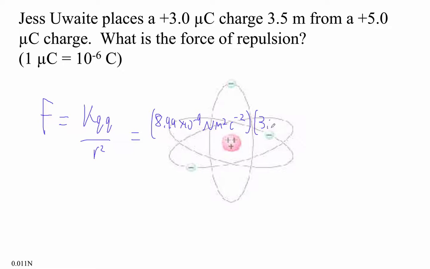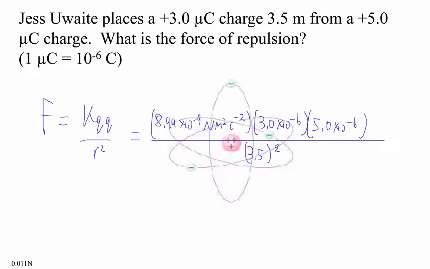And then it's 3.0 times 10 to the minus 6th, times 5.0 times 10 to the minus 6th, all divided by 3.5 squared. 8.99, divided by 3.5 squared. Don't forget to square your r, right?